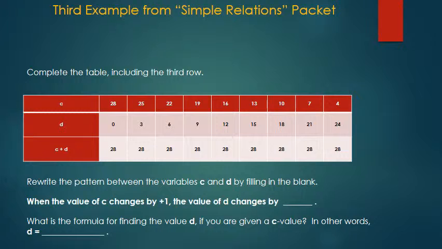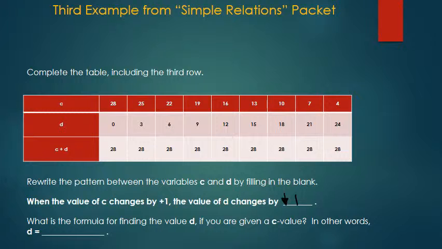Now we used that to figure out the missing values, like when C was equal to 24, we didn't have a value for D. So we figured out that as C changed by 1, D changed by 1, but they're going in the opposite direction. So when the value of C changes by 1, the value of D changes by, and it's decreasing by 1.